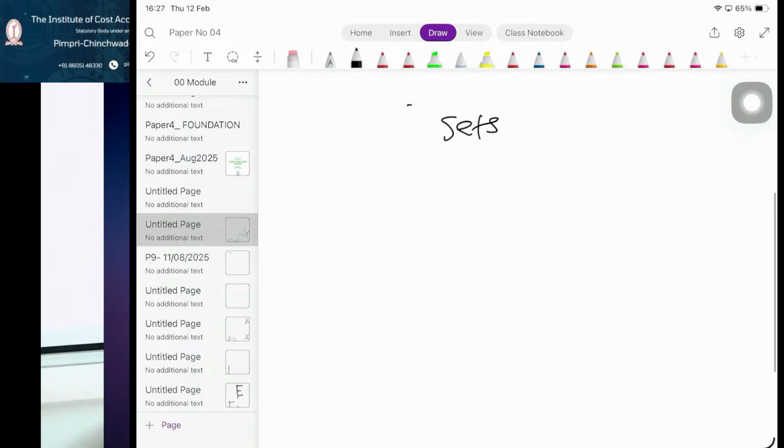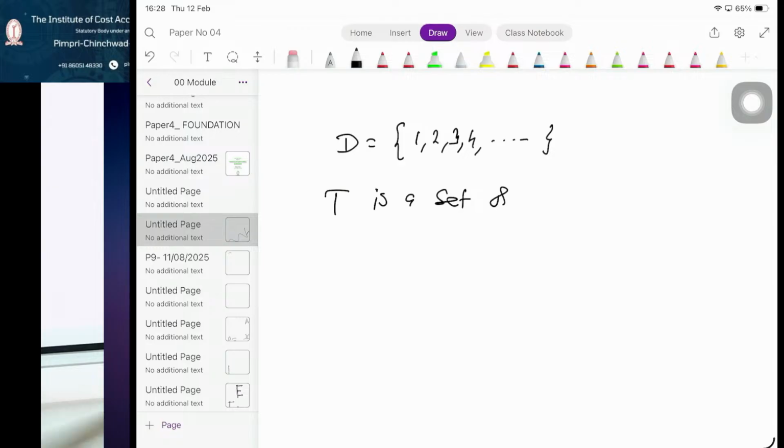Suppose I want to declare the set of natural numbers. I may say capital D is the name of the set, opening curly brace, numerical values, because it is a set of natural numbers: 1, 2, 3, 4 and so on. Suppose T is a set of the table of two, म्हणजे दोनचा पाढा ज्याला आपण म्हणतो, that is called table of two.